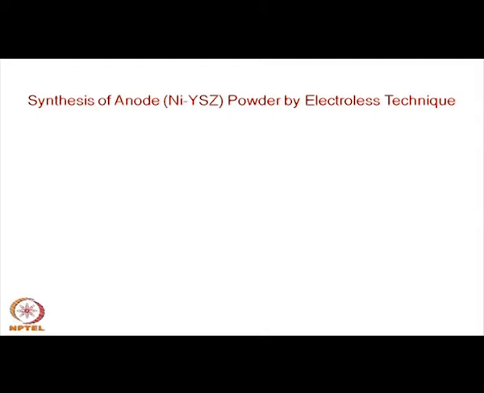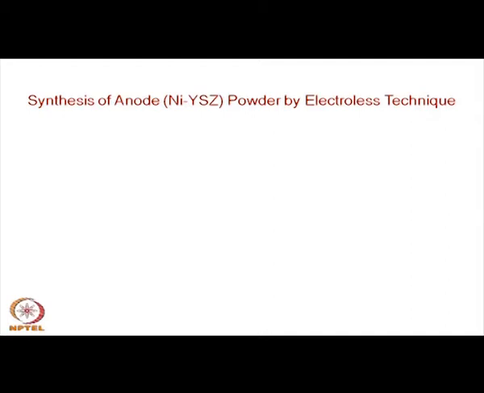So, I am not going into the details of these powder preparation techniques. I am trying to concentrate on a particular technique of preparing nickel YSZ cermet composite, which is used as an anode material.